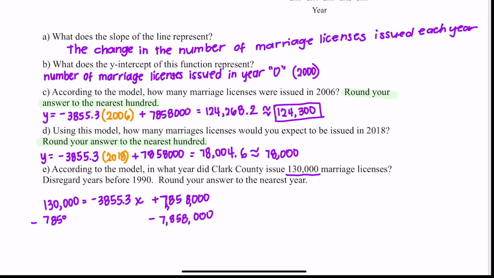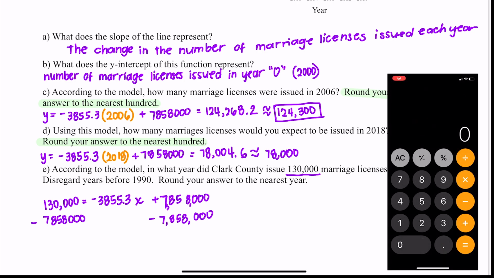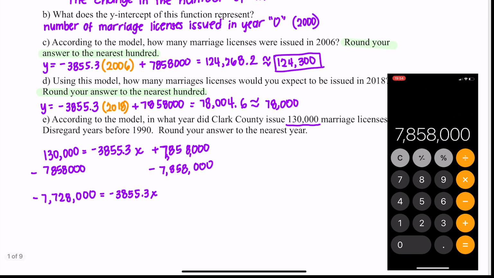And again, I don't expect you to know how to do the mental math of it. So we'll go ahead and use our calculator, plug in your number. So the y value of 130,000 minus 7,858,000 is going to give us negative 7,728,000, which is equal to negative 3,855.3 x.